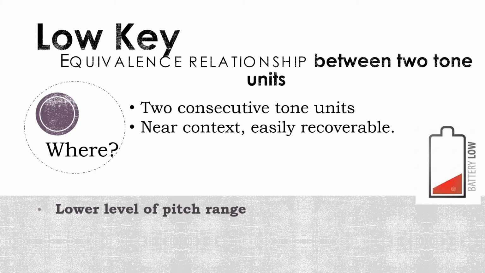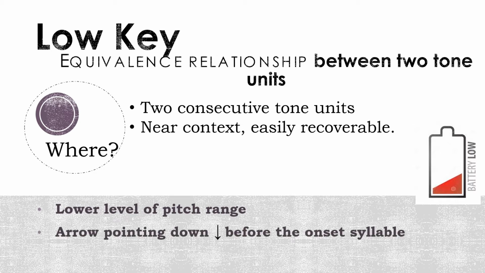As we said, we can identify low key because there is a lower pitch level or pitch range on the second tone unit. And we mark this in the conversation script by using an arrow going down before the onset syllable.